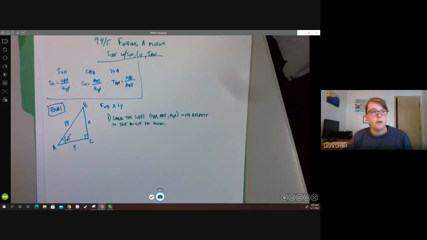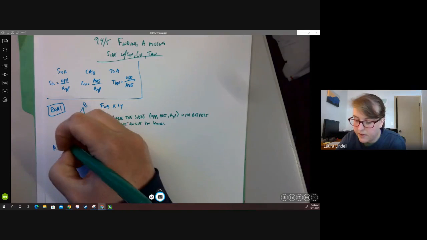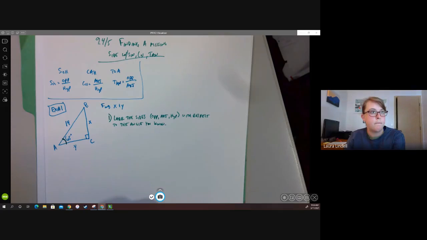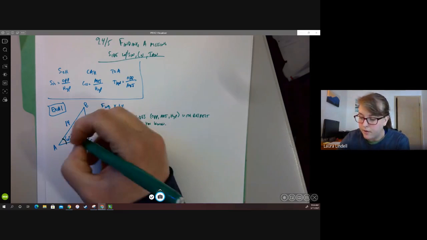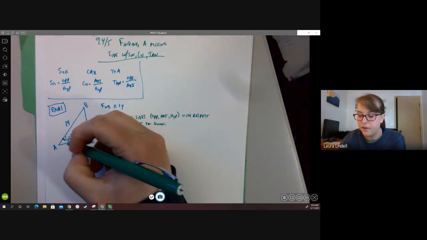When I go to label the sides with respect to the angle that I know, this is a 65-degree angle here. So this is the angle I'm looking from, this angle's perspective.